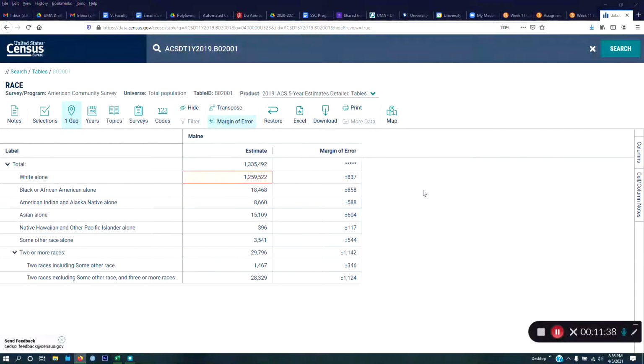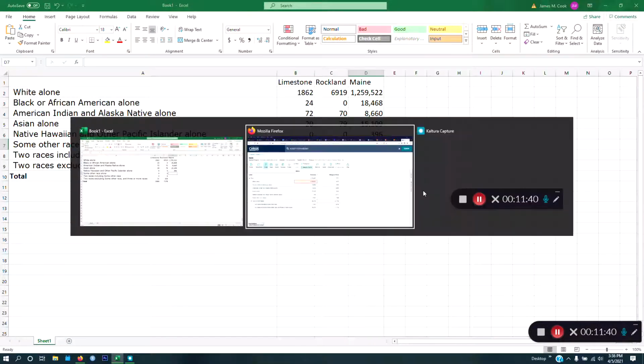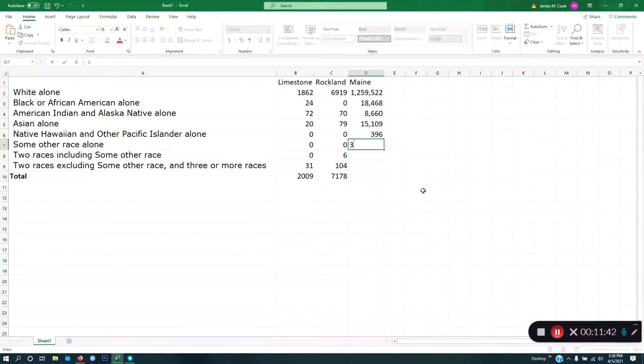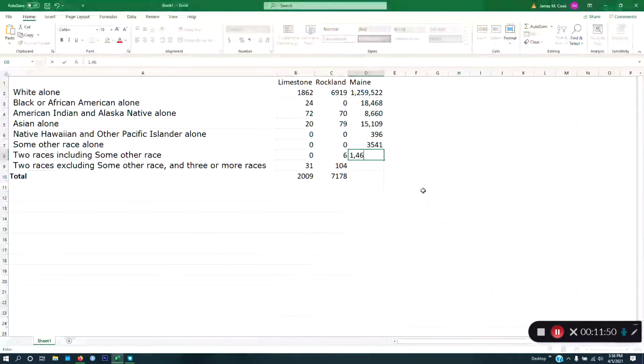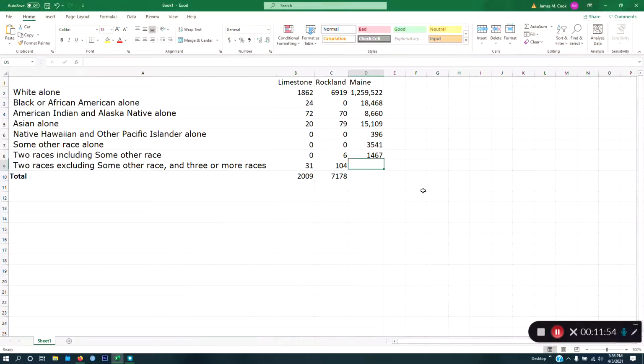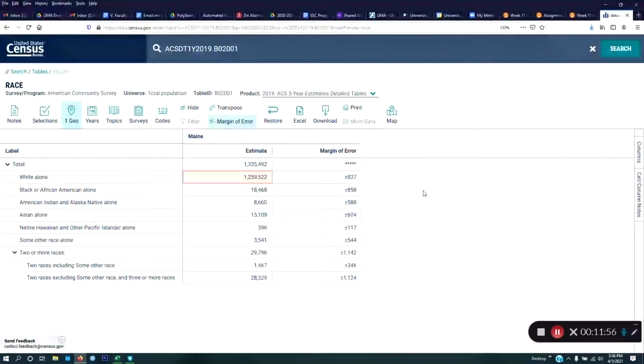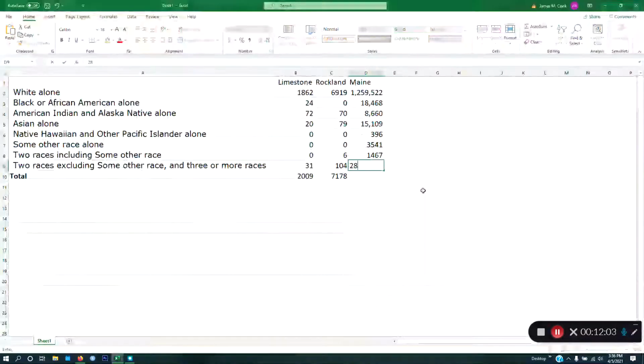Some other race that is not captured here, 3,541. And then multiracial categories, 2 races, including some other race, 1,467. And what about 2 races excluding some other race, but possibly including up to 3 or more, 28,329.